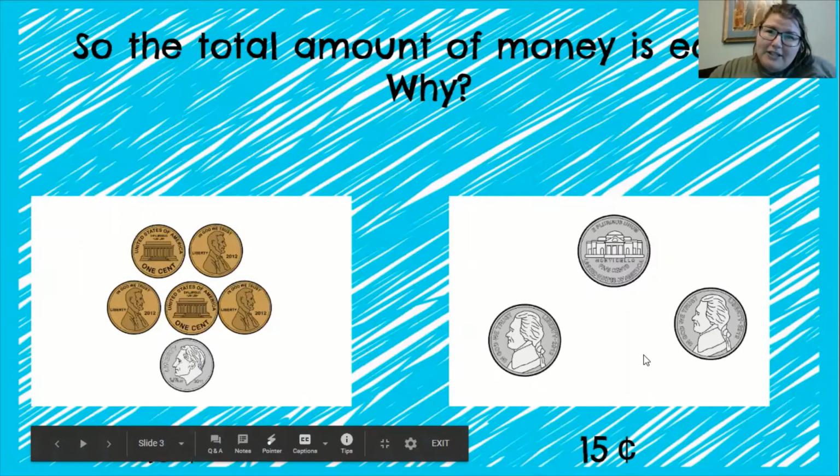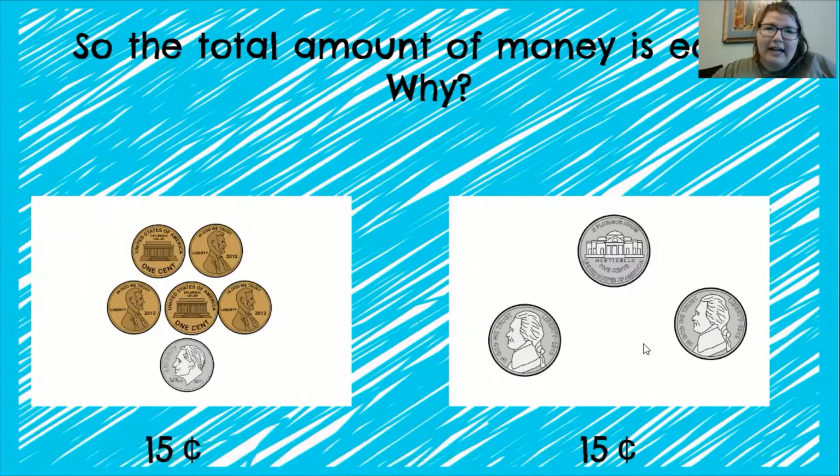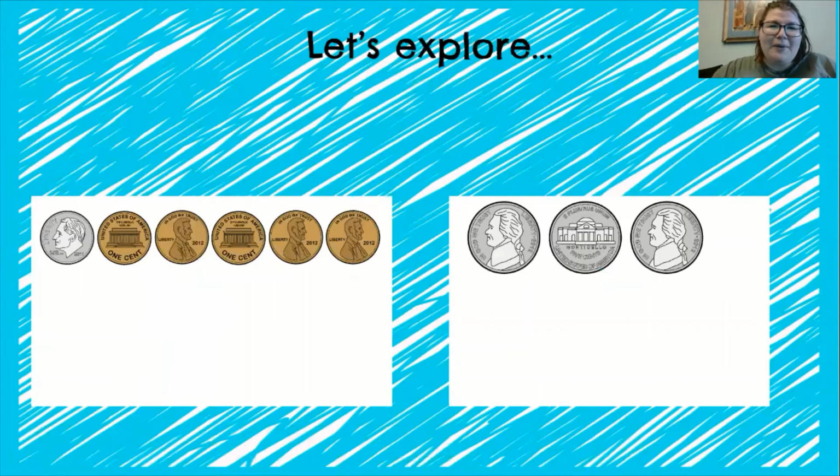Do you know the answer to that? Go ahead and tell me. If you didn't know the answer, that's okay. We're going to explore why 6 coins is the same amount of money as 3 coins.